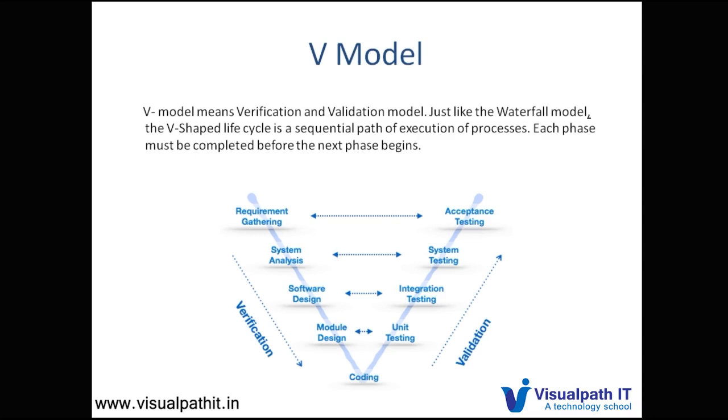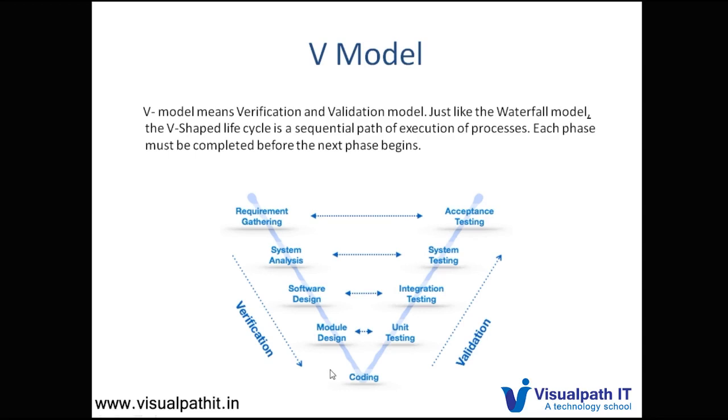So in the diagram we can see on the left side, this left inclined line stands for the SDLC, the development cycle, and the right hand side is depicting the testing cycle. So we can see for every development phase there is a corresponding testing phase.